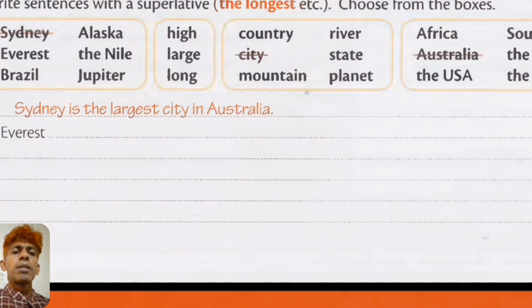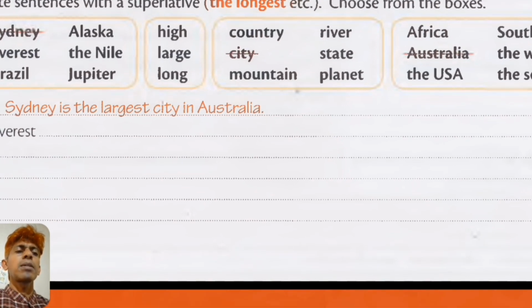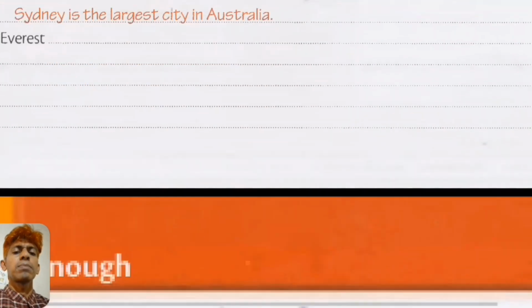The Nile is the longest river in Africa. Jupiter. Next one. Jupiter is the largest planet in the solar system.